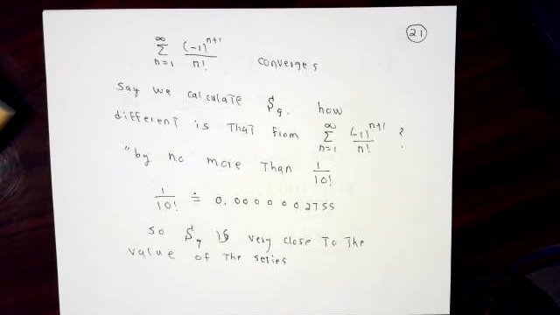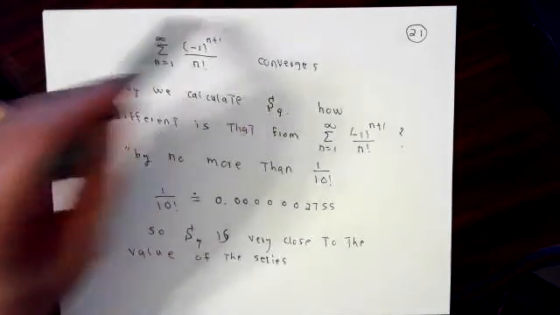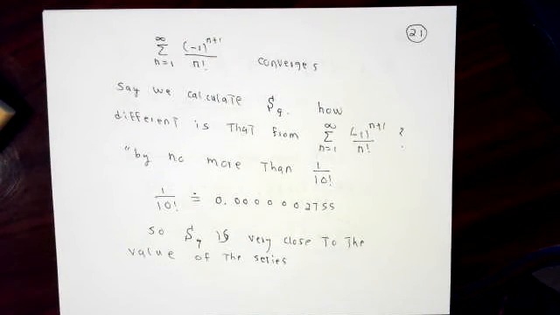So 1 over n factorial also tends to 0. It's not difficult to see that 1 over n factorial is decreasing with n. And obviously 1 over n factorial is positive. So because of the alternating series test that we've developed, we know that this series converges.